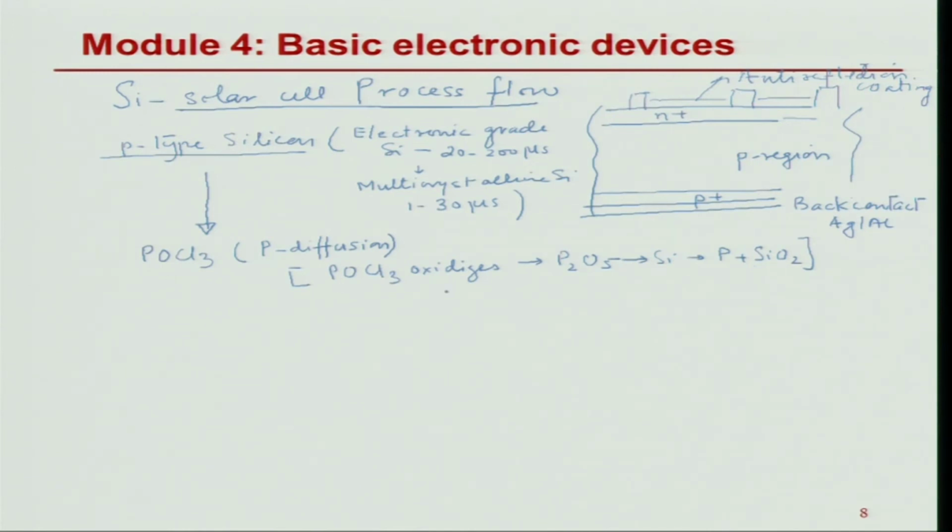So by this process, we create a phosphosilicate glass on the silicon surface, and by annealing it, we then remove the top silicate glass which was created in the earlier process. And then the drive-in process for phosphorus diffusion.